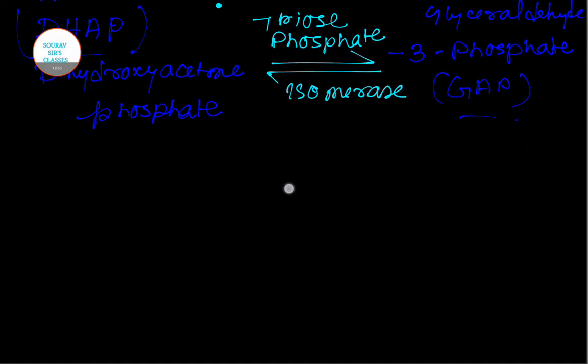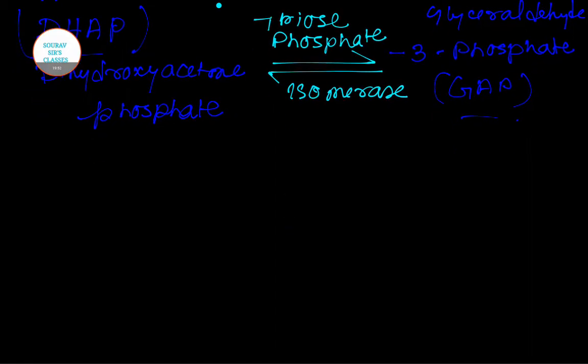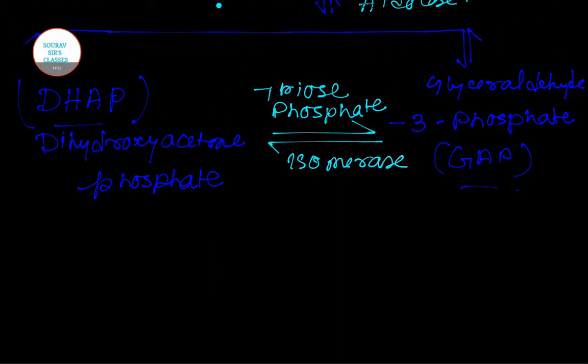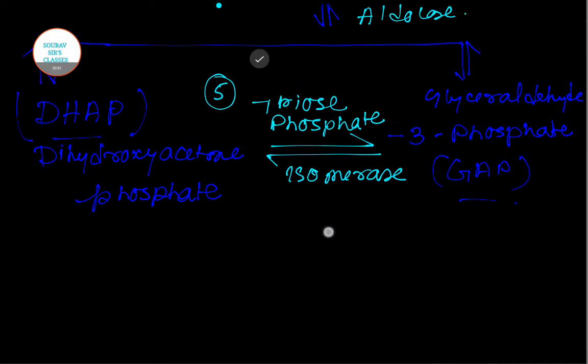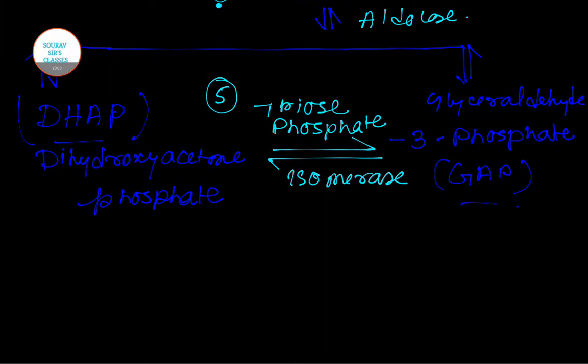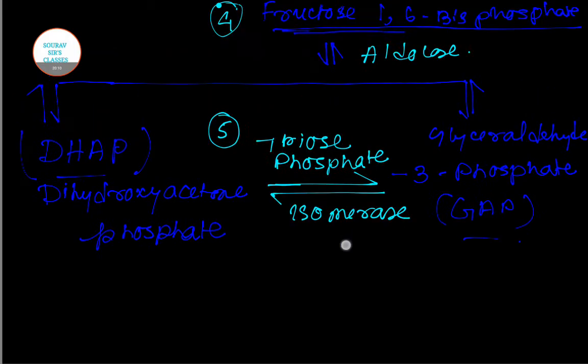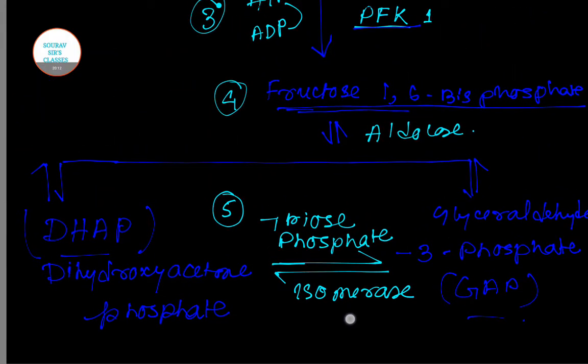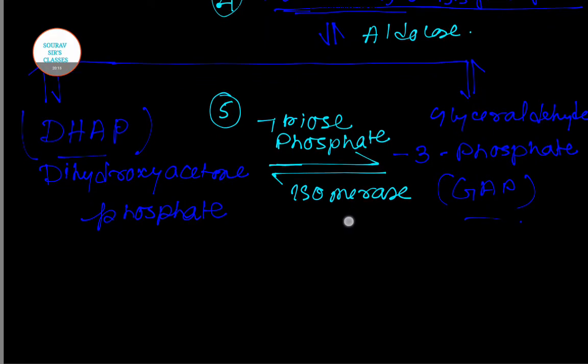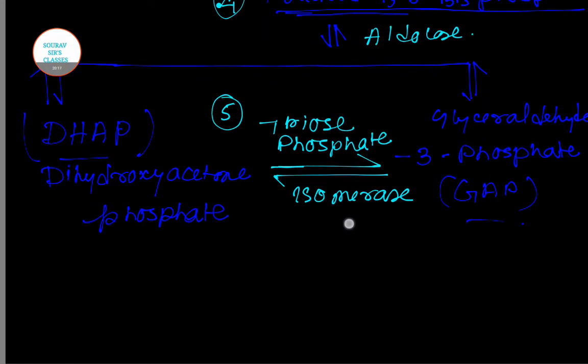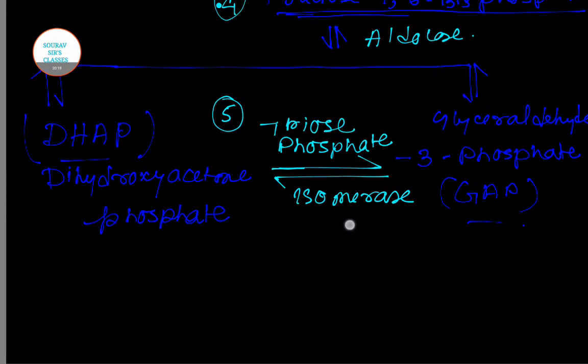So this is the interchange isomerization reaction, the fifth step. Actually this is not exactly the fifth step, but another reaction is happening, that's why we call it the fifth step. So these are all the preparatory phase, where two molecules of ATP are consumed.